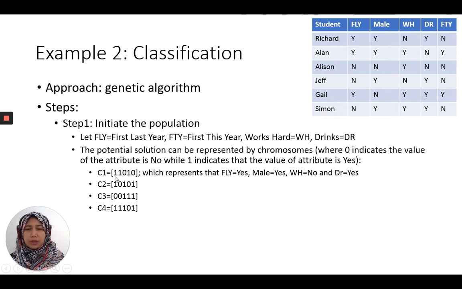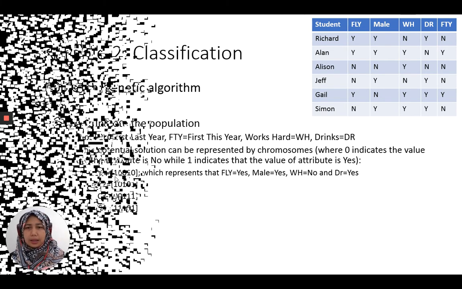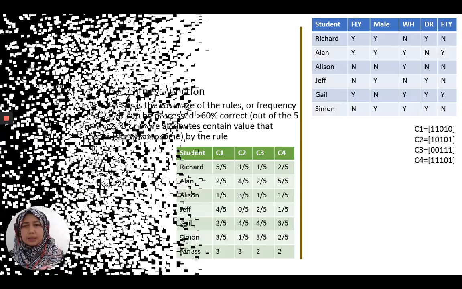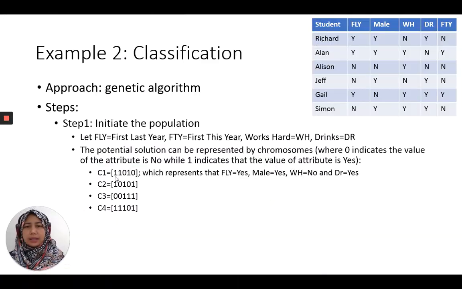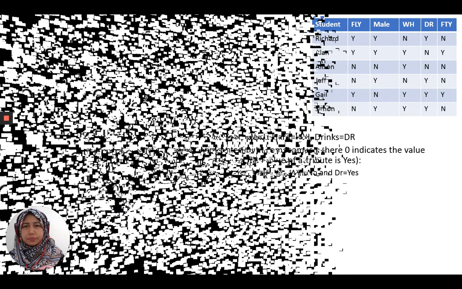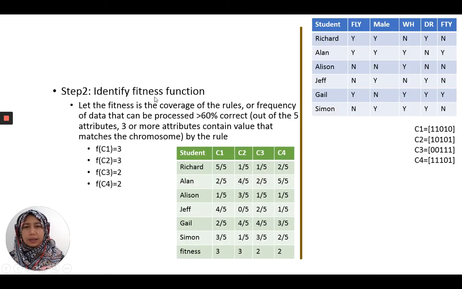So in my first chromosome, I said that FLY is yes, male is yes, WH is no, DR is no, and FTY is no. And the same continues with the other chromosomes. So from this, I now go to the next step, which is to identify the fitness function.